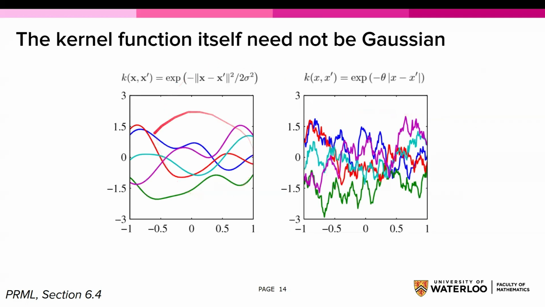On the left is the Gaussian kernel, or the radial basis function kernel, also known as the squared exponential kernel. It's going to result in smooth curves because the kernel causes high covariance for nearby points. On the right side here are the curves generated using the exponential kernel. The exponential kernel takes the absolute distance between points instead of squaring it, and so this kernel shows a lot more jagged and fast-varying curves compared to the Gaussian kernel.